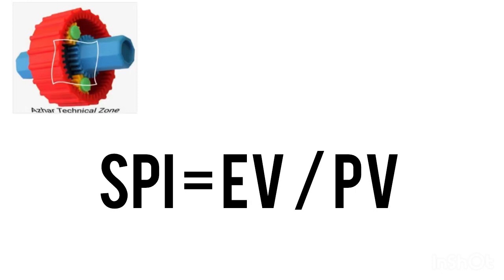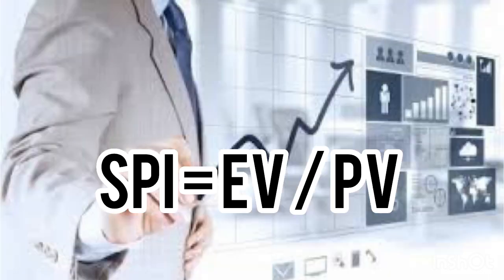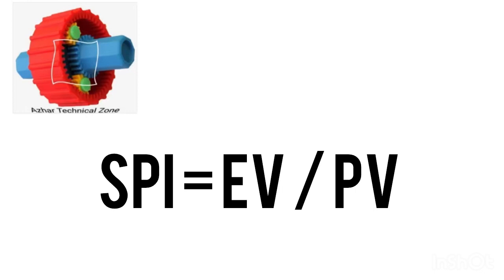Earned value is also known as the actual progress which we have achieved, and the planned value is the baseline planned value which we have assigned. Just remember, SPI evaluates the schedule efficiency of the work performed. So whatever work we have performed in a project, it will evaluate the efficiency.